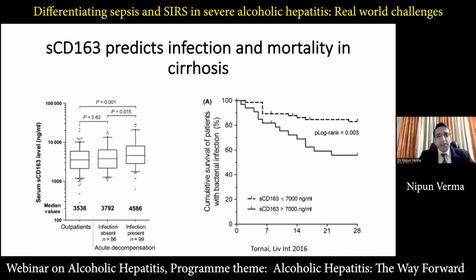Recently, new markers have been developed for diagnosis of infections in patients with cirrhosis. CD163 is a very important example, which is a macrophage scavenger receptor present on the monocyte macrophage system. And if it is present, it prognosticates the outcomes as well.